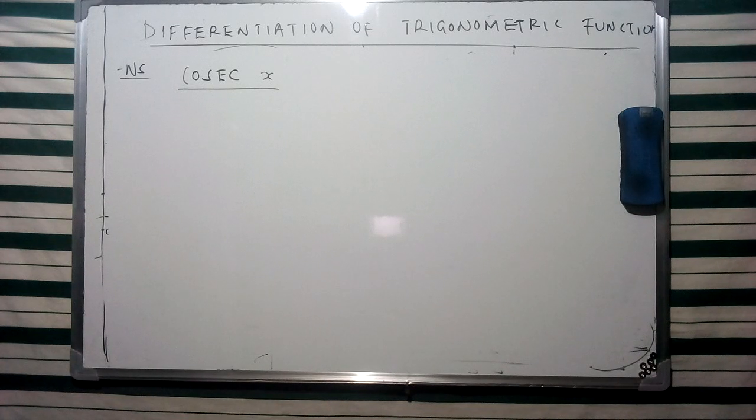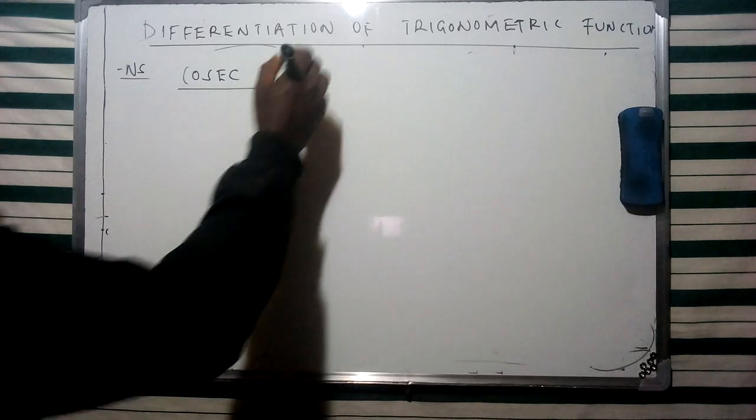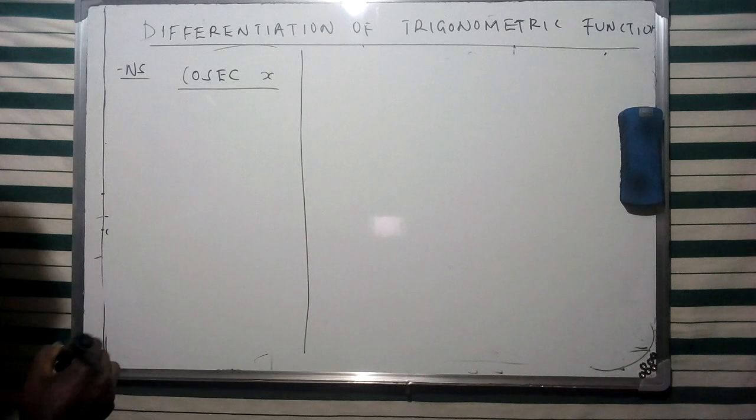So today we're going to look at the concept of differentiation of a trigonometric function. Basically, we're going to do a short discussion on the concept of the cosec of a function. The cosec of a function is the inverse of one of the trigonometric ratios.